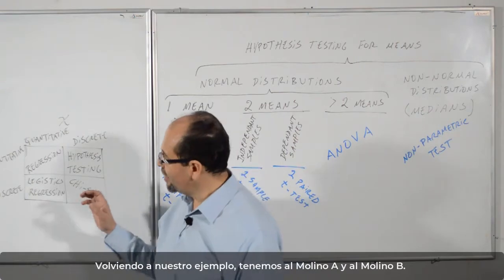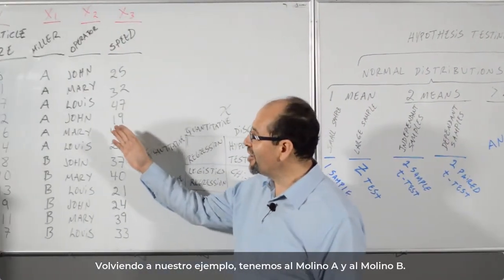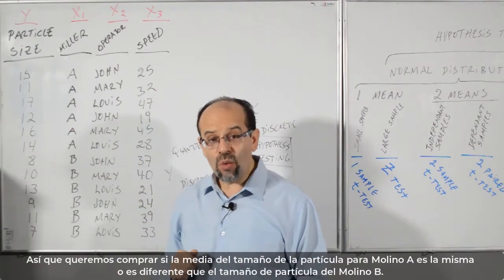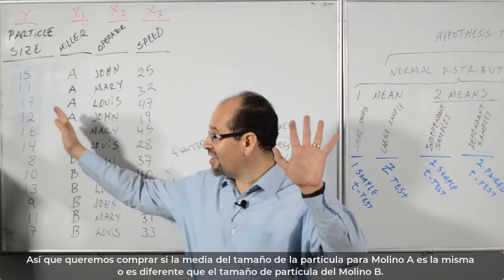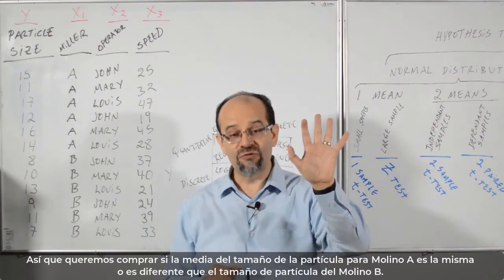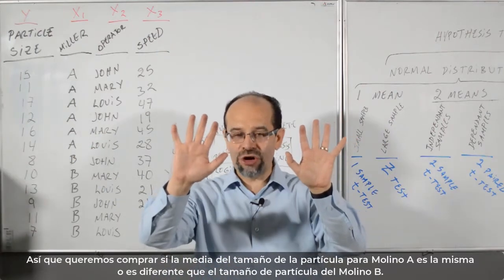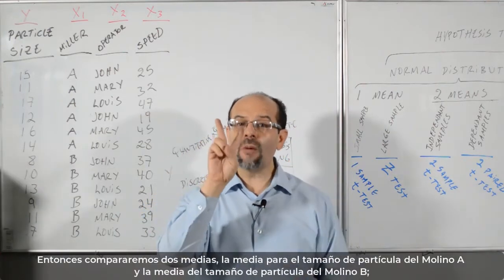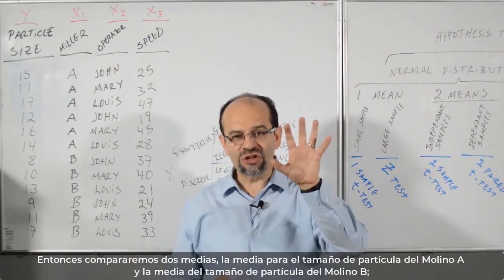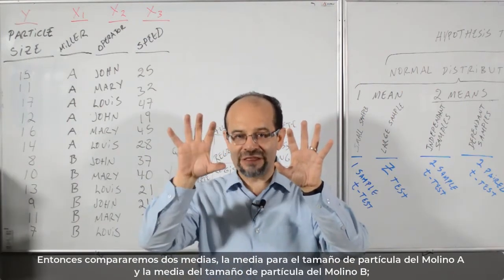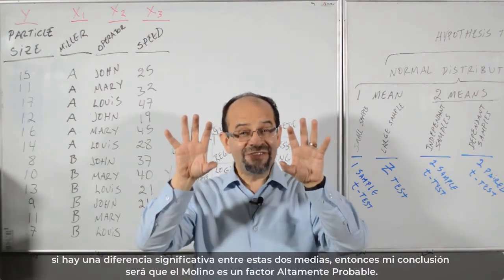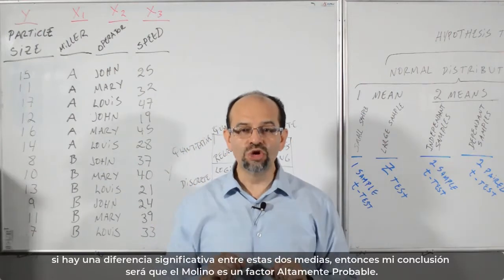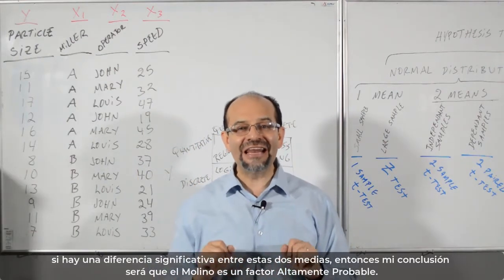If we go back to our example, the Miller, for instance, we have Miller A and Miller B. So I want to compare if the mean of particle size for Miller A is the same or is different than the particle size for Miller B. Then I want to compare two means, the mean of particle size for Miller A and the mean of particle size for Miller B. If they are different, if there is a significant difference between those two, then my conclusion will be Miller is a highly likely factor.